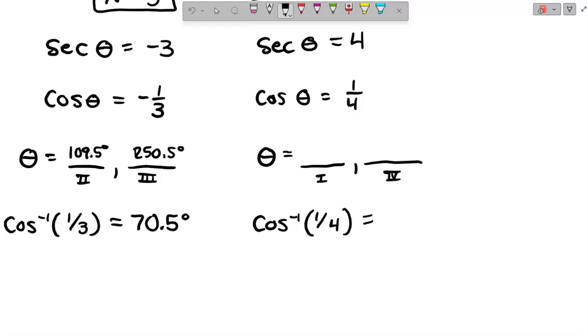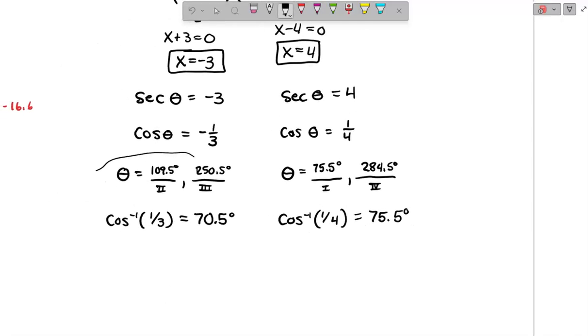This is a different value, so we're using 1/4 this time. I get a reference angle of 75.5 degrees. Now, quadrant 1, that is my answer. The reference angle is the angle in quadrant 1. In quadrant 4, we would do 360 minus 75.5, and that would give me a final answer of 284.5 degrees.